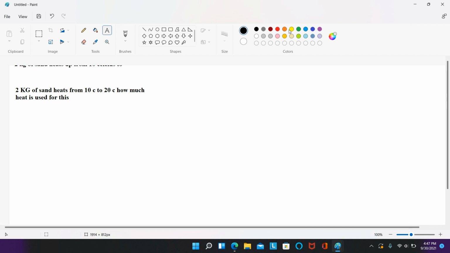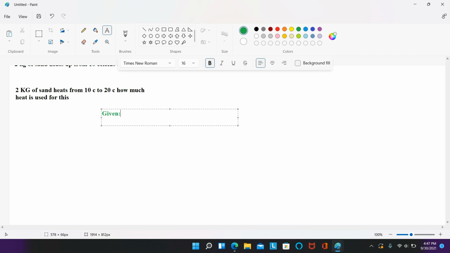Alright, so now let's set up our equation. Let's write the given, because that's what you want to write first. The given is the mass is equal to 2 kg.